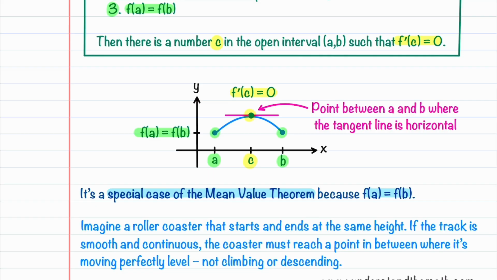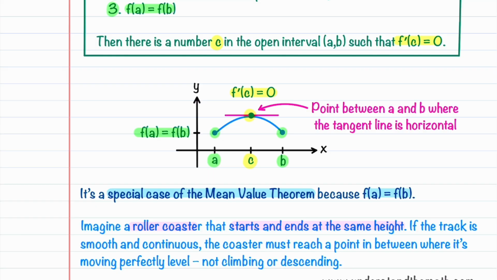Let me just put this theorem into a context that maybe you can understand, especially if you've ever been on a roller coaster. So imagine a roller coaster that starts and ends at the same height. Most roller coasters do.